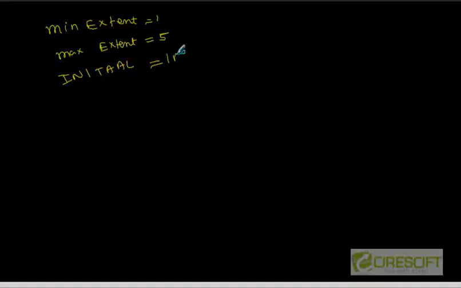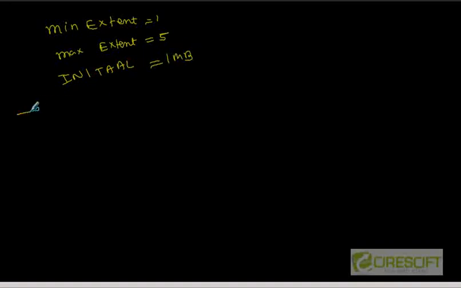We are saying that min extent is 1 and max extent is, say, 5, and that the initial parameter is 1 MB.